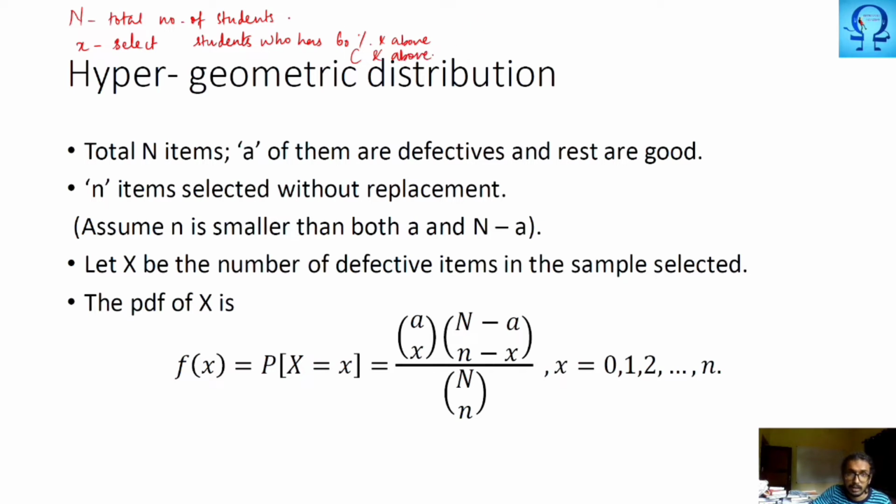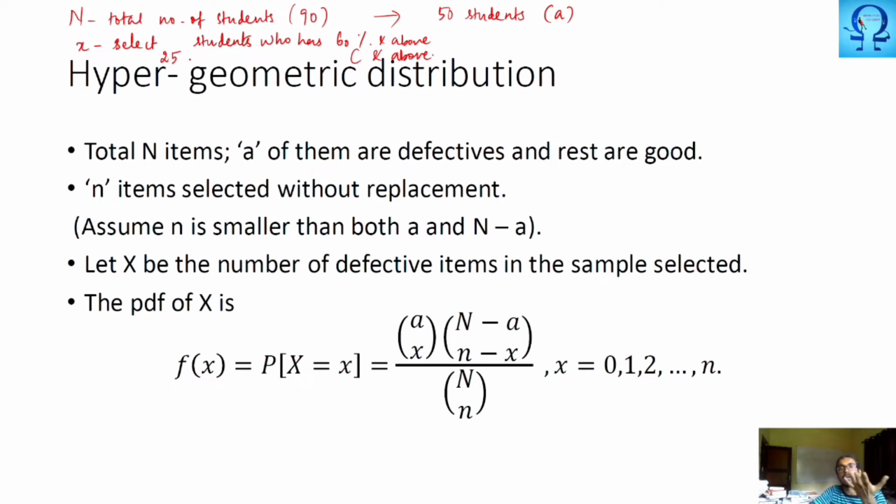Suppose the total strength of the class is 90, and let us say that out of this 90, 50 students have this criterion, which means this a is 50. And I am expecting to select some number of students, which means I may require 25 students.